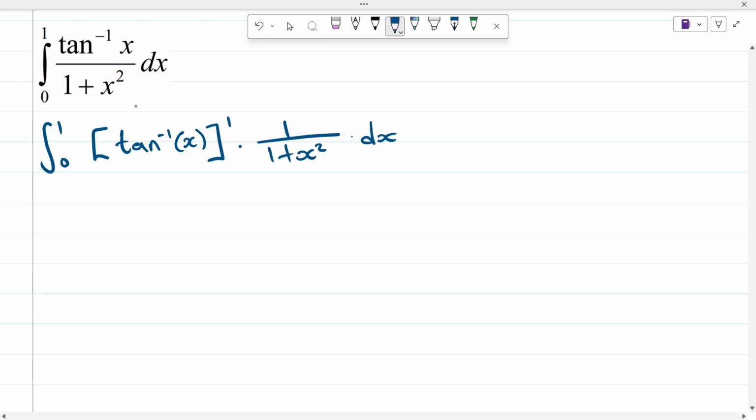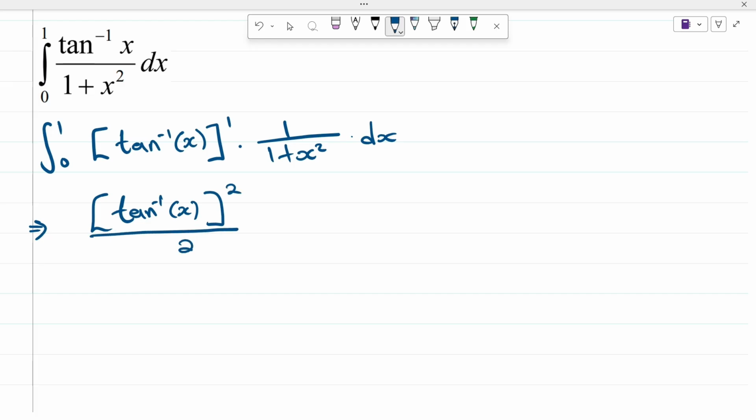So we have the function and its derivative. It means that we can use the general power rule, right? So we apply our general power rule. This is going to be tan inverse of x to the power of 2, all divided by 2.